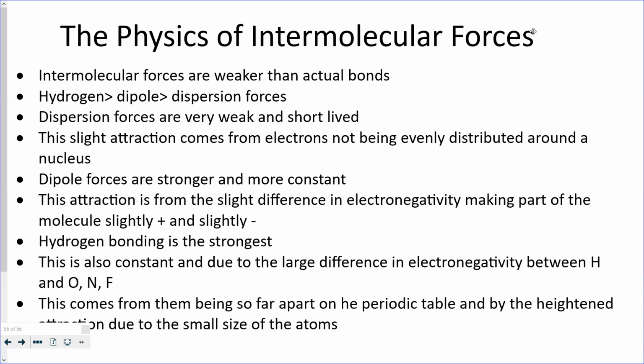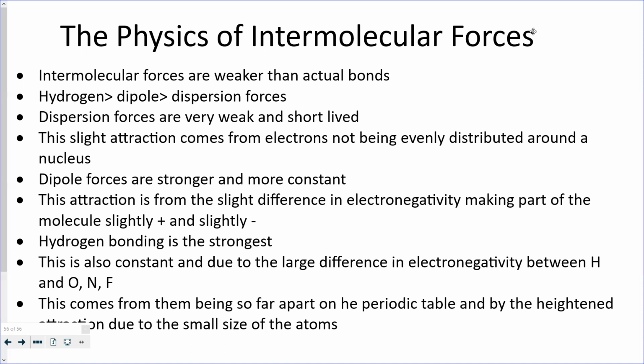And then hydrogen bonding is the strongest of the three. This is also constant because it is, like I said, a strong dipole. It's due to a larger difference in electronegativity between the hydrogen and its oxygen, nitrogen, or fluorine it is attached to.